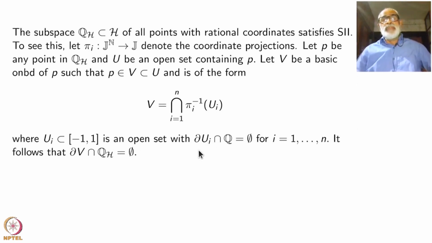Here you have to use the elementary fact in product spaces, namely, if you have X cross Y and a subset A of X, B of Y, boundary of A cross B is equal to boundary of A cross B union A cross boundary of B. Use it again and again several times to go into the finite intersection case, you will get this result.